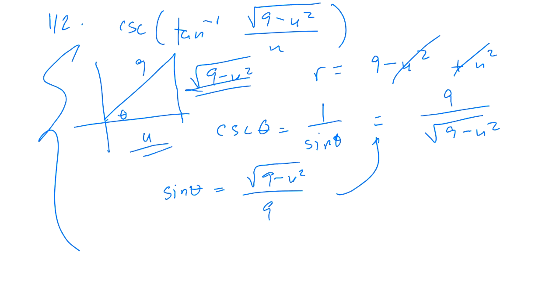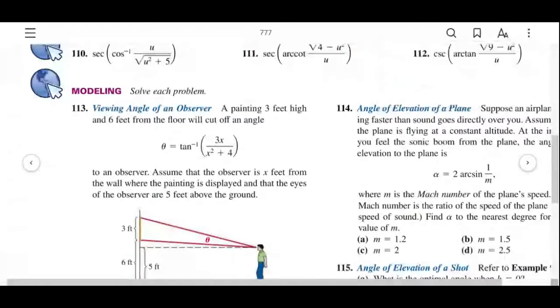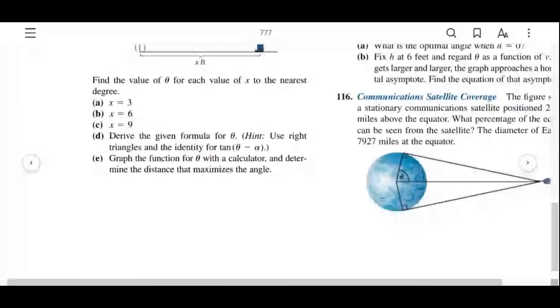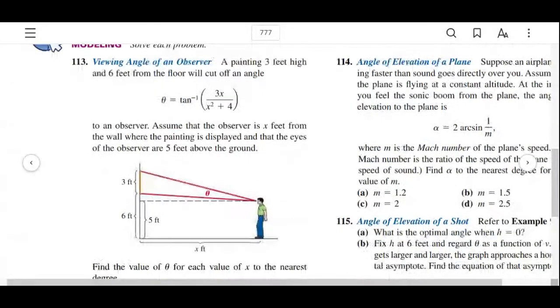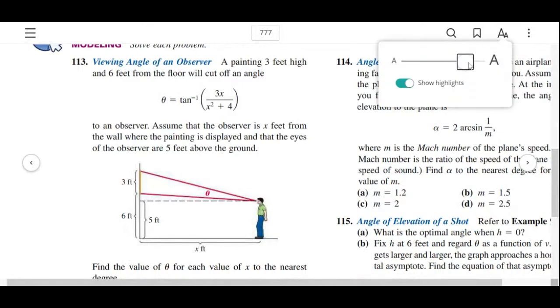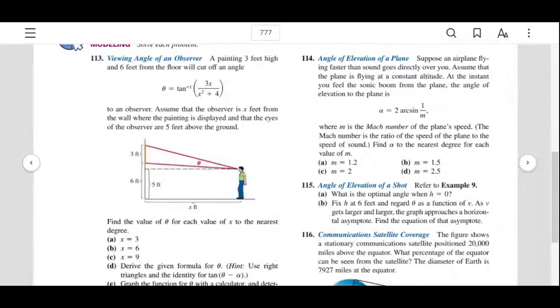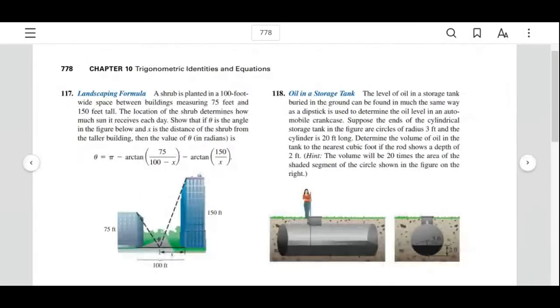Do we have another application type question for this section? Let's find out. There's a lot here. So we can do this right here, or the airplane problem, or this.